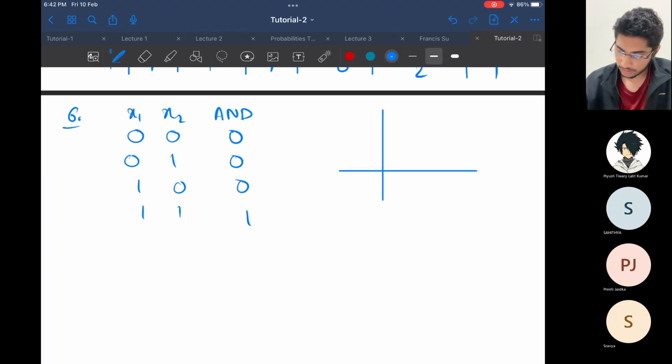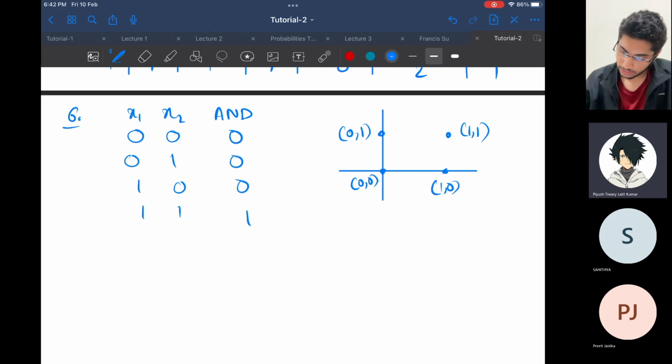You have these coordinates: 0 comma 0 is here, this is 1 comma 0, this is 0 comma 1, and this is 1 comma 1, right? Now the AND function only assigns 1 to this point, the rest of them it assigns 0.